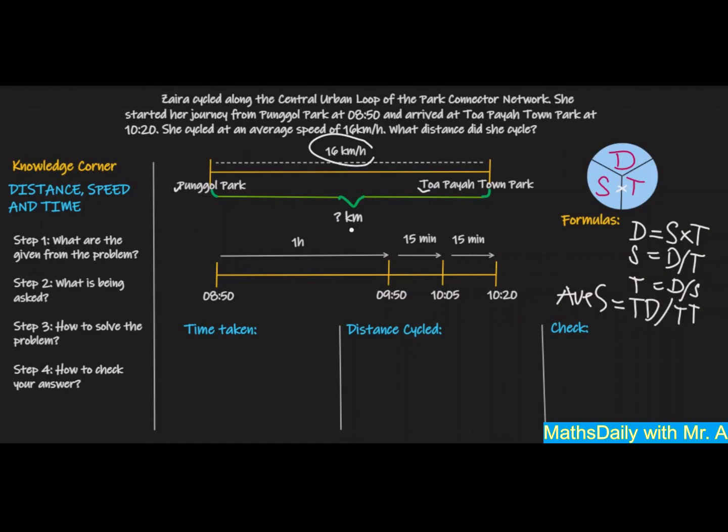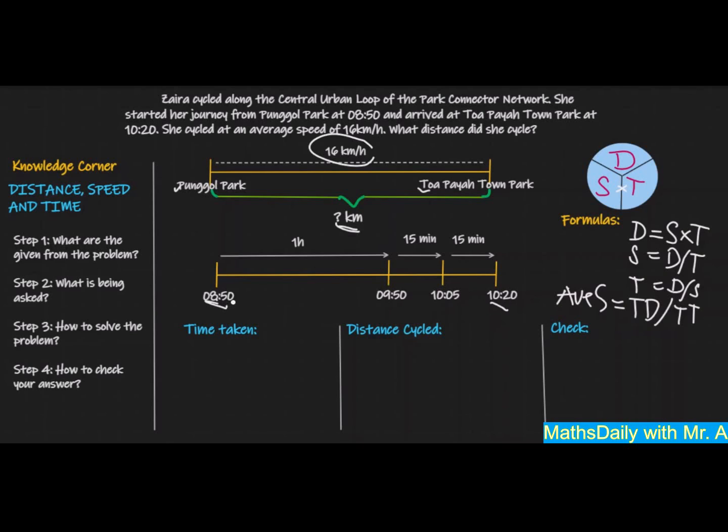We need to find the total distance. Down here, the second illustration or diagram shows the time when Zaira started to cycle from Punggol Park to Toa Paya Town Park. Zaira started cycling from 8:50 to 10:20.